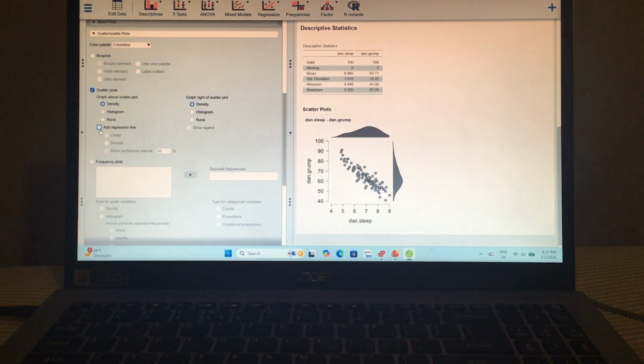There is also the option to remove the density plot by selecting none under graph above scatter plot and graph right of scatter plot. So you could click none.